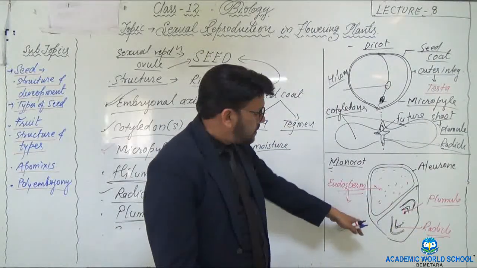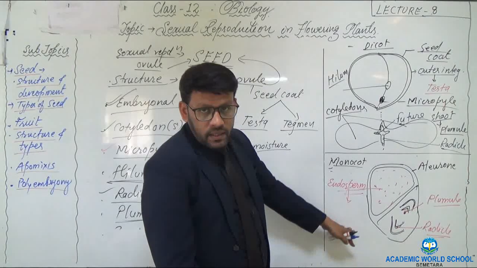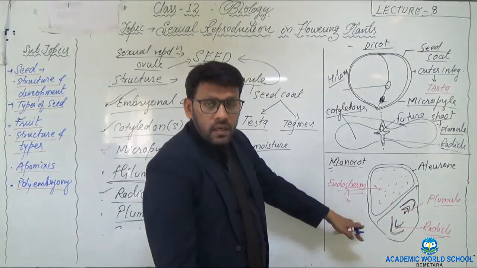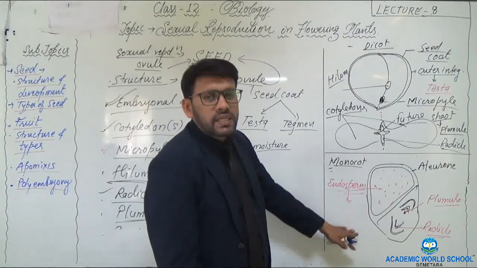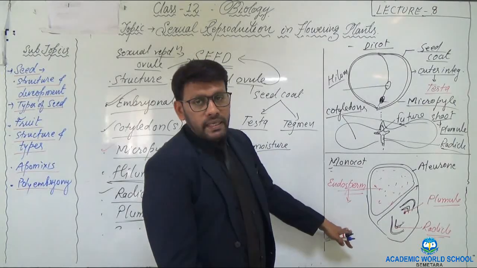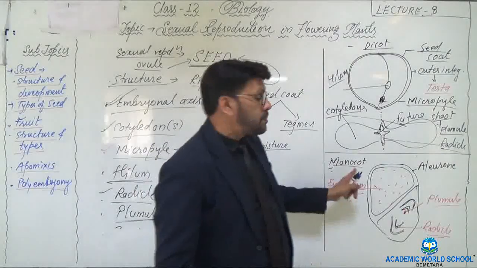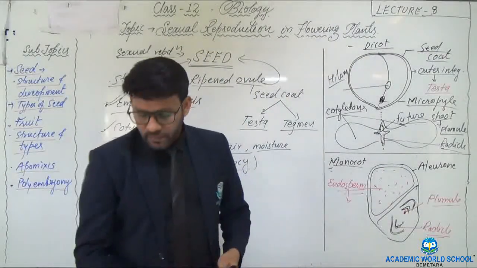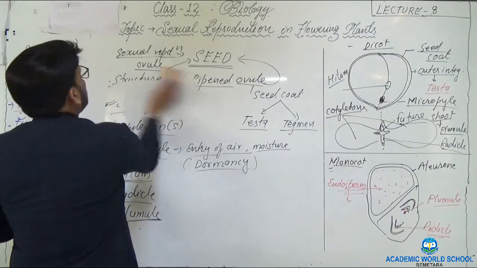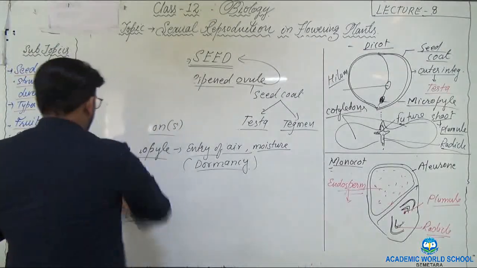You can see this in all the monocotyledons like wheat, rice, maize, all these are monocot seeds. The parts remain the same, the only difference is in terms of the presence of cotyledon. Now I will tell you the types of the seeds.